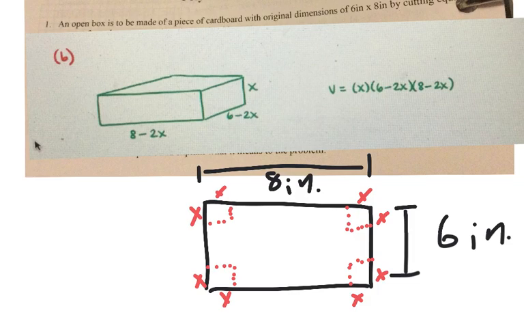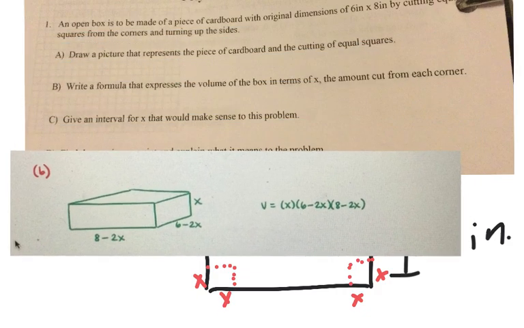And then again, if I'm folding it here and standing this part up, then the height of the box would be that x value. This gives me the x, and then this part's going to get folded up to here, and so on and so on. So hopefully you can visually see that.